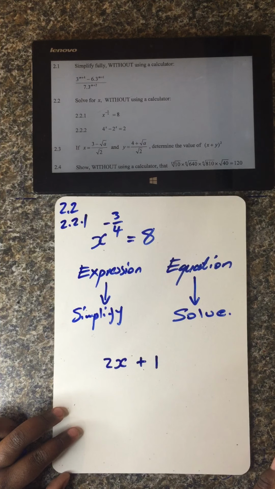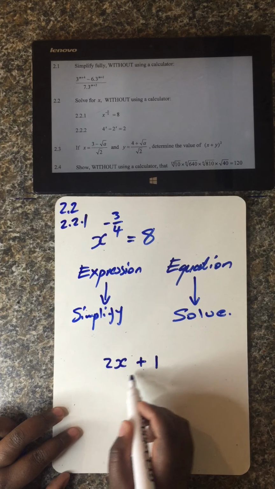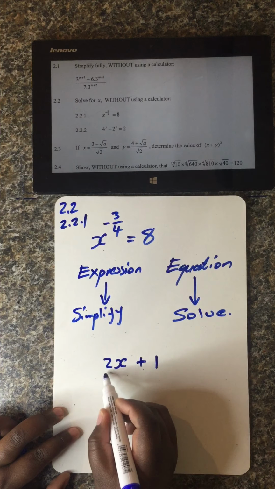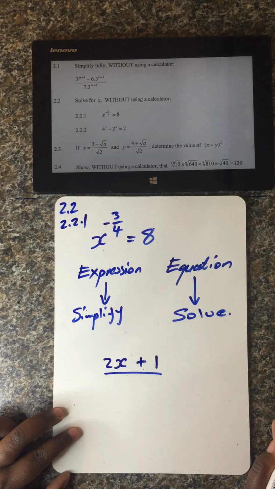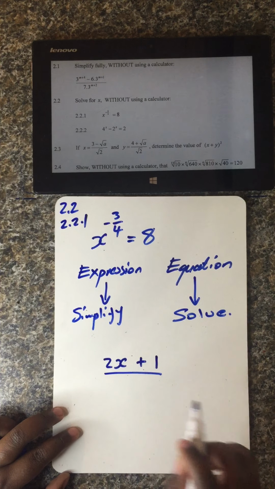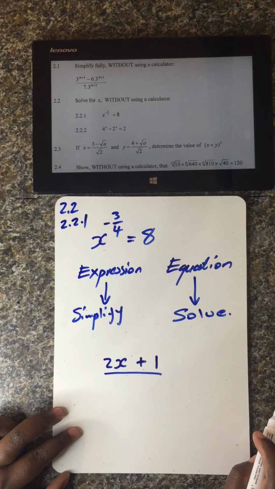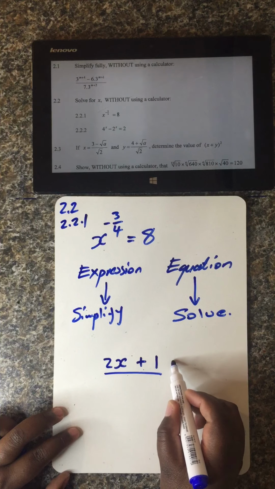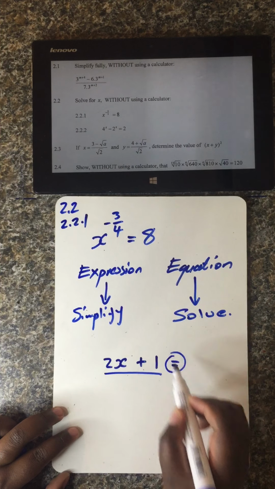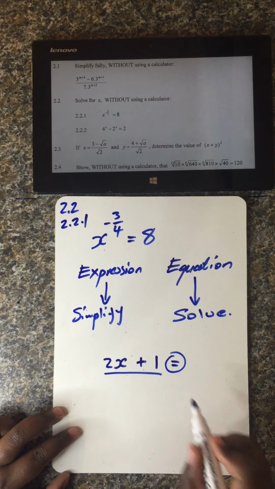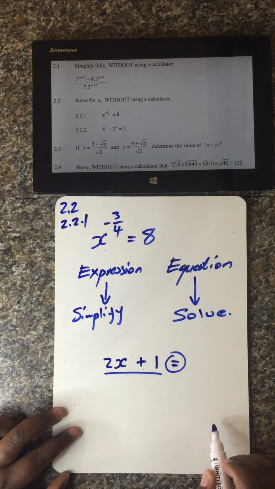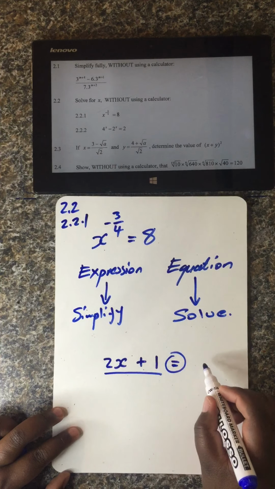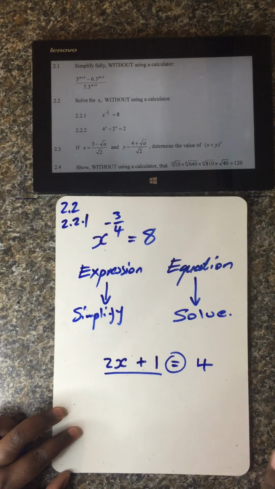Very, very important, guys. 2x plus 1, this is what we call an expression. Why is this an expression, ladies and gentlemen? It's because you don't have an equal sign. So what if I've got an equal sign? Then that means the whole of this could be equated to maybe 4.